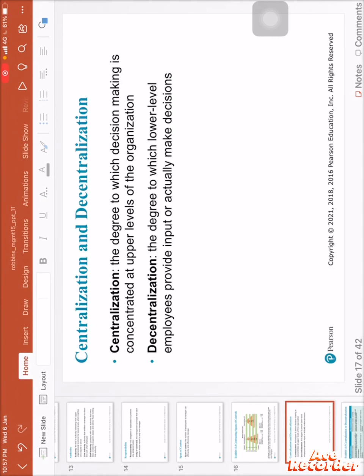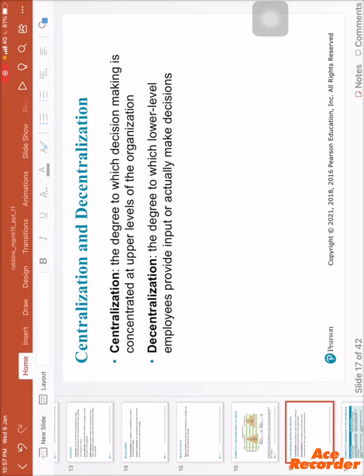And then next is centralization and decentralization. Last one, okay. Centralized means decision making is concentrated at upper levels, and decentralized means individual decisions. This is what I mentioned about Apple earlier. If it practices centralization, then all decision making will come strictly from the HQ.